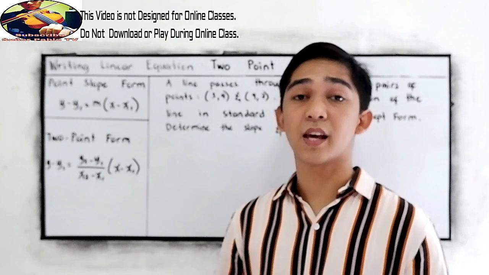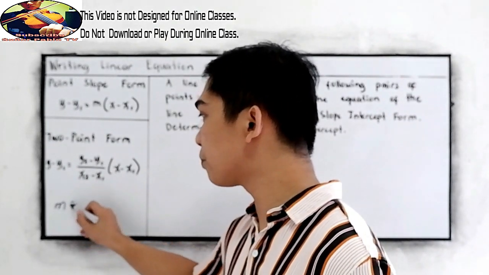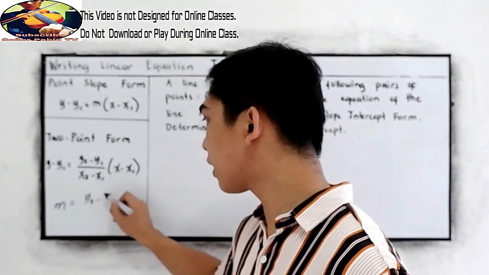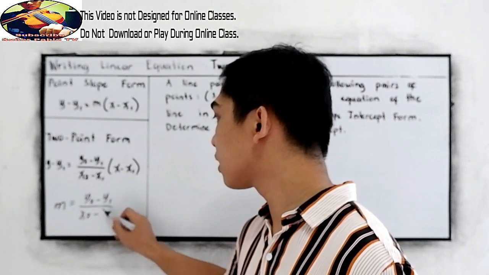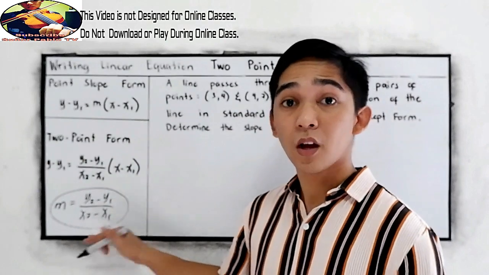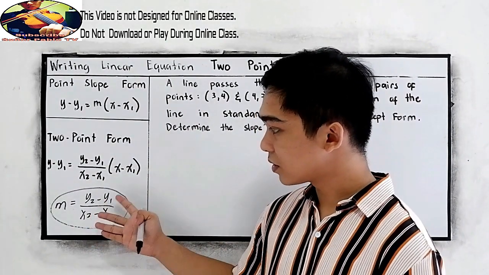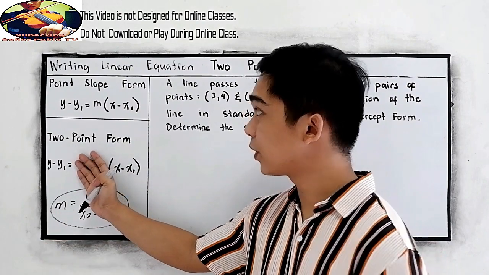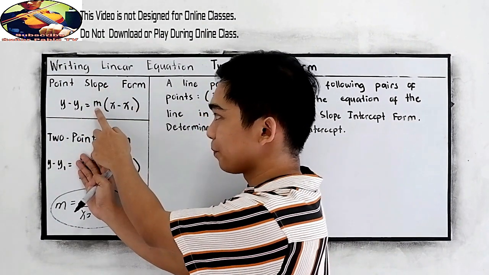In our previous lesson, we discussed that the formula in getting the slope, if we have 2 points, is y sub 2 minus y sub 1 all over x sub 2 minus x sub 1. This is our formula. Notice that if we're going to substitute this formula to m here, we can get the point slope form.